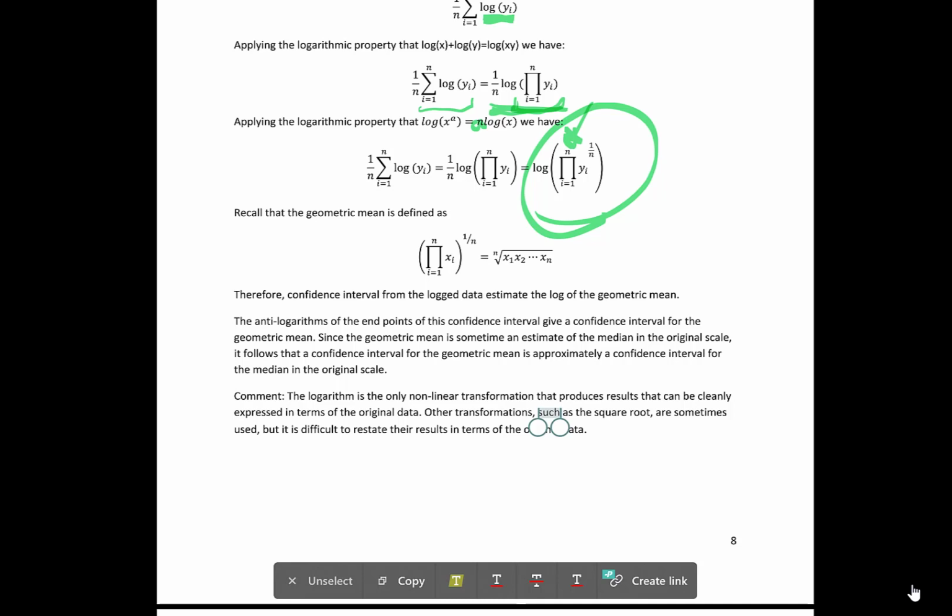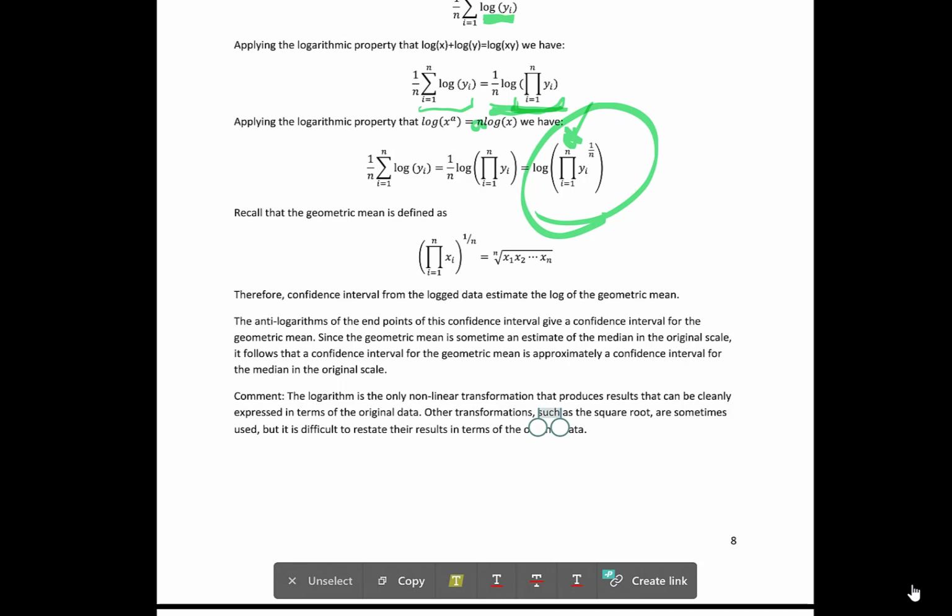So when we interpret this back transformed confidence interval, we want to be careful and not interpret it in terms of the mean, but interpret it in terms of the median. And so, again, technically it's the geometric mean, but that's an estimate for the median. Most people know what a median is. So when we interpret those, we want to make sure we do it in terms of the median.